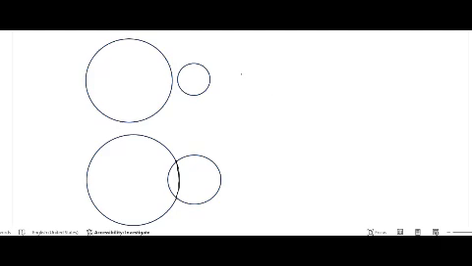Moving on, there is this circle. Now they're not even touching. Suppose this one is r1 and this one is r2. So the distance is greater than r1 plus r2. And in this case, wherein the circles are intersecting at 2 points, these circles are touching each other.